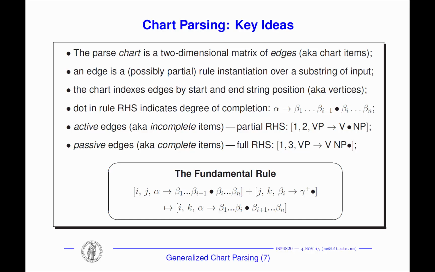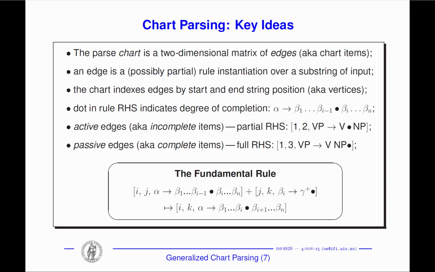And the two edges that can combine using the fundamental rule need to satisfy the following requirements. Remember, this is start and end for each edge. So there's one edge from i to j and another edge from j to k. This is what I call adjacent. The second edge starts at the position where the first edge ends. They jointly add up to a larger string.